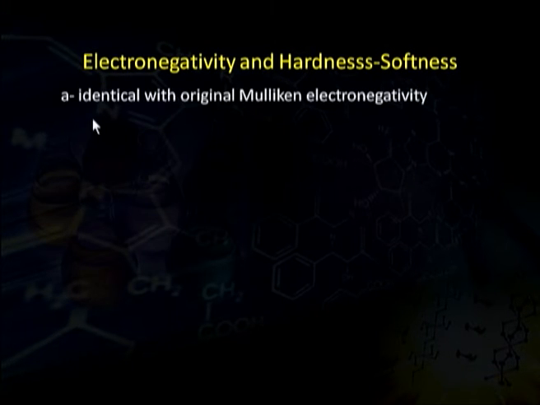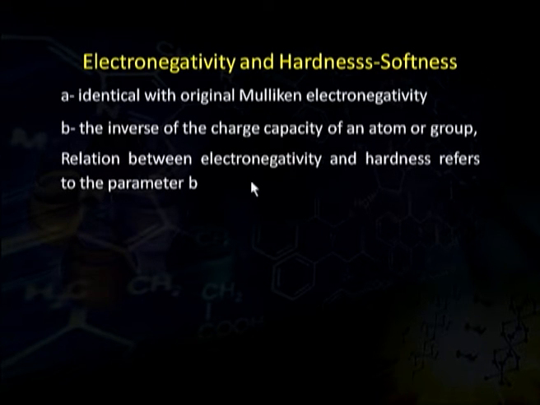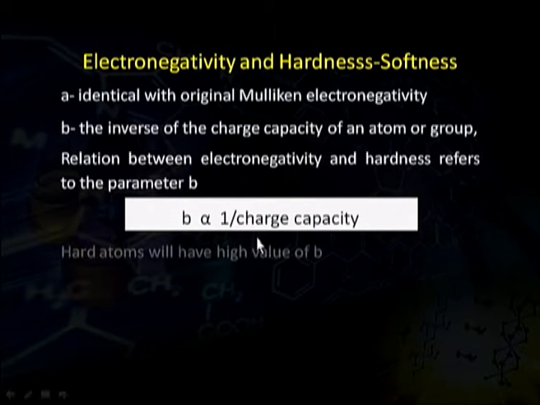Where the parameter A is identical with the original Mulliken electronegativity, and B is the inverse of the charge capacity of any atom or a group. So, the relation between electronegativity and hardness refers to the parameter B. As I have already told, B is inversely proportional to the charge capacity.